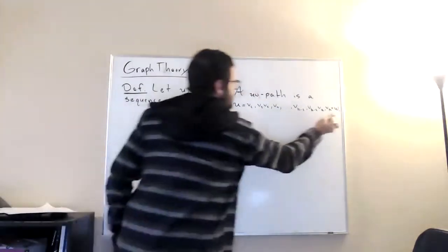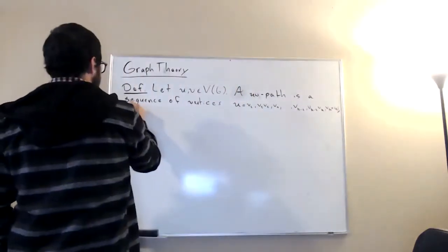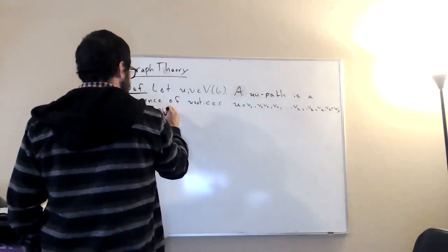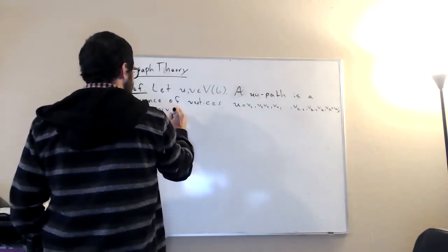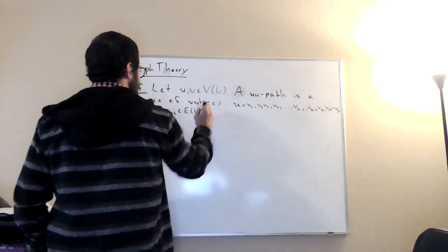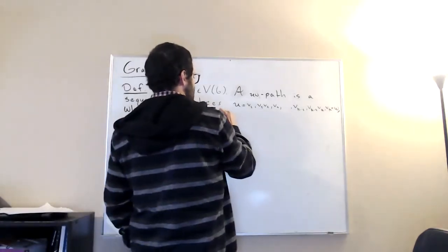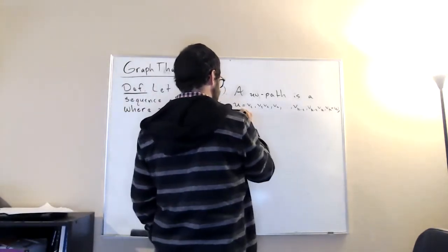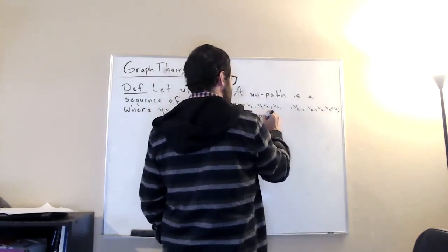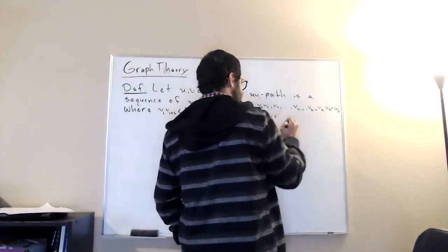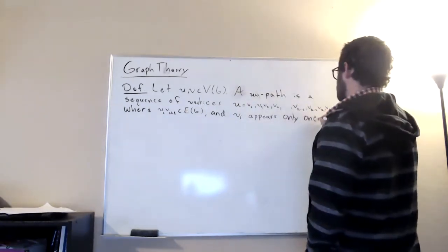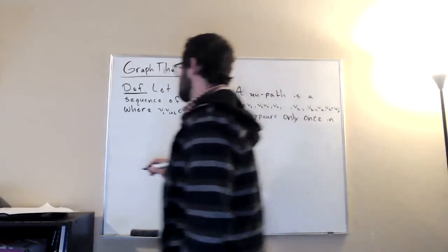So here, let's say where (V_i, V_{i+1}) is an edge in the graph, and V_i appears only once in this sequence.